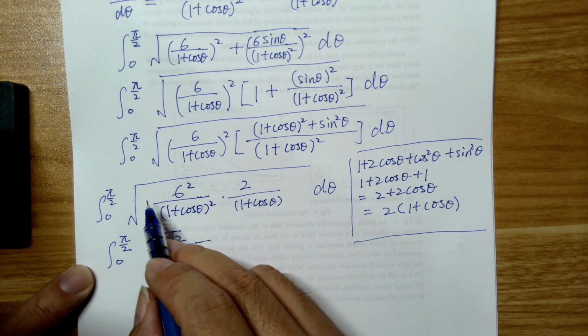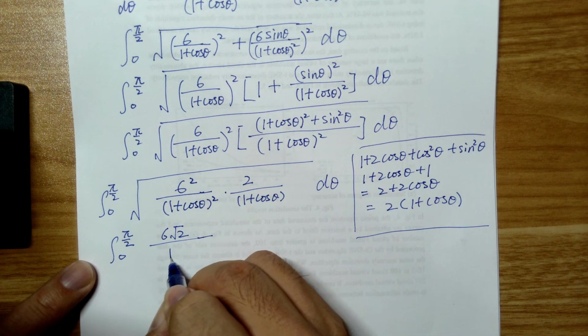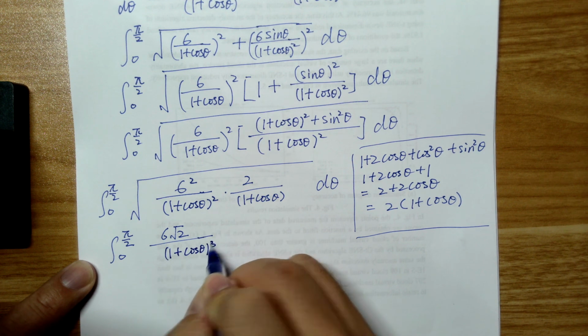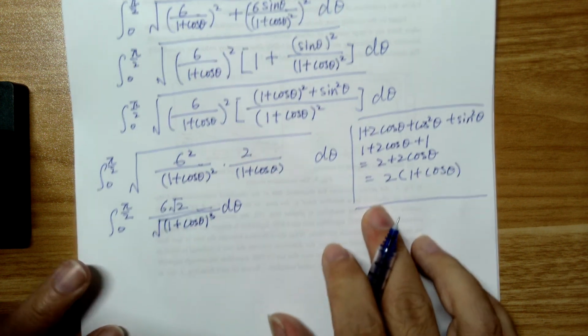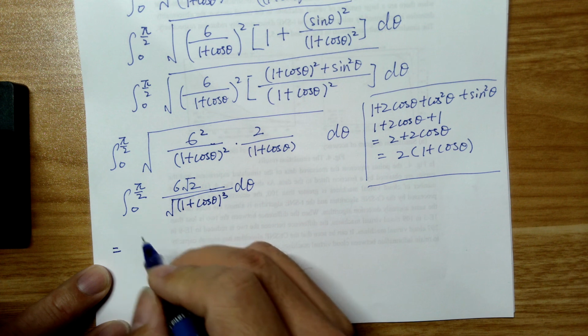But you also have a square root, so it becomes 1 plus cosine theta cubed, and then the square root d theta.